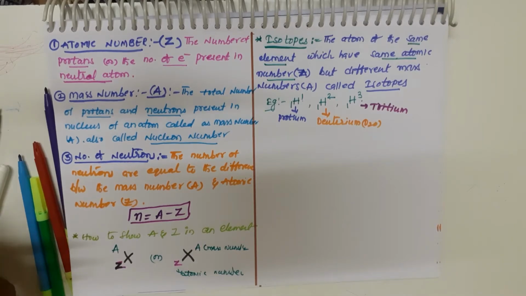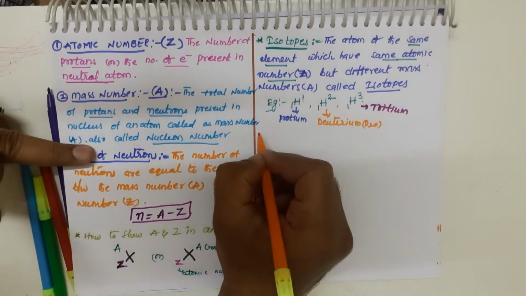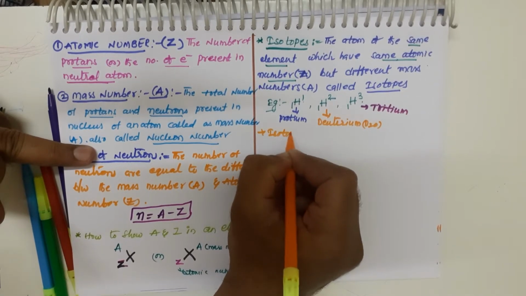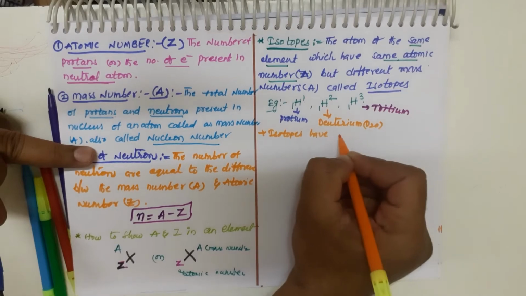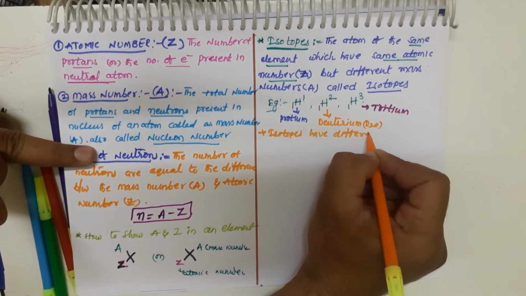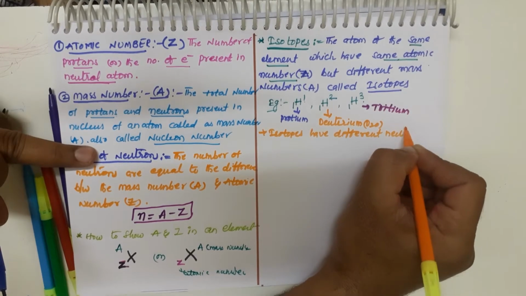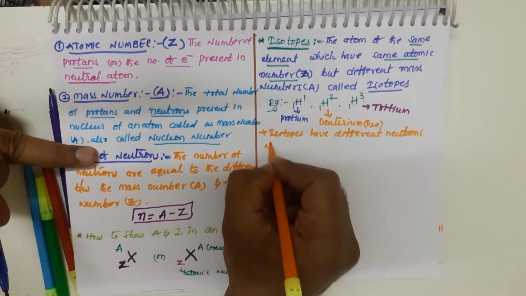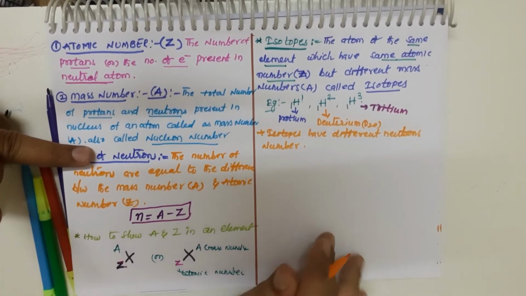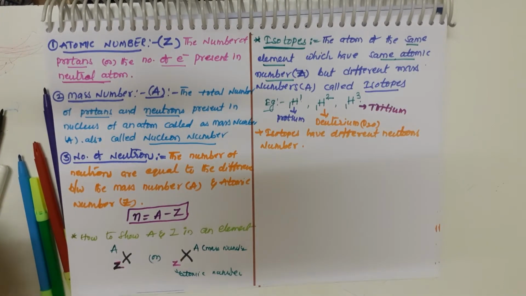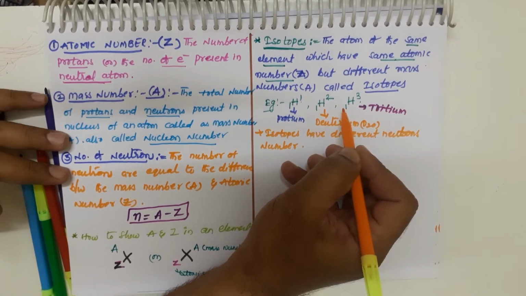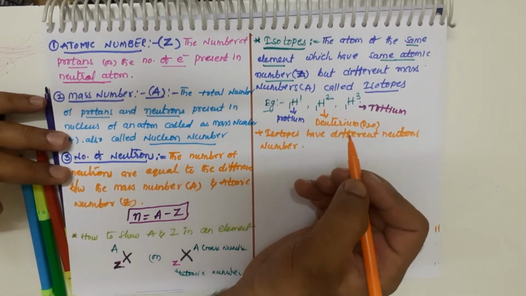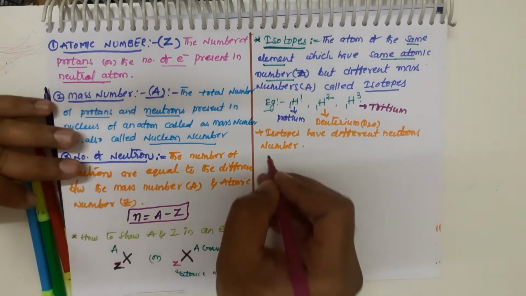Isotopes have different neutron numbers.